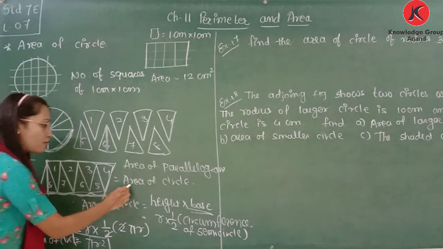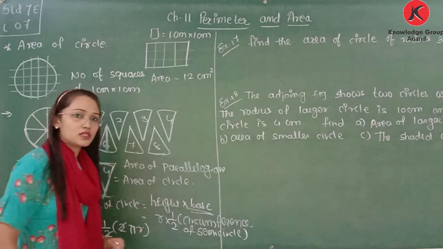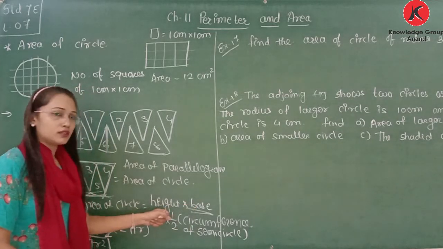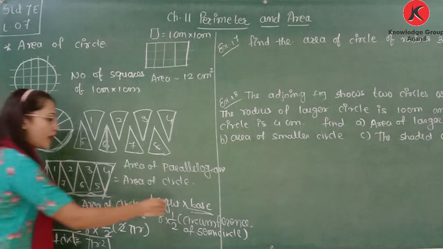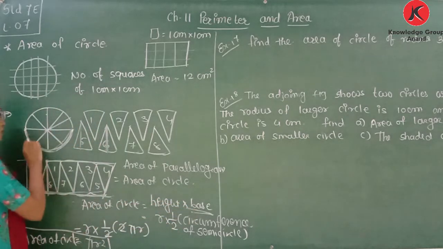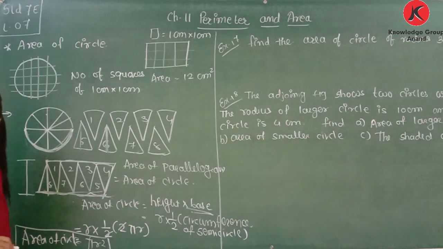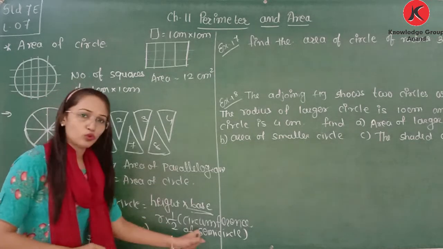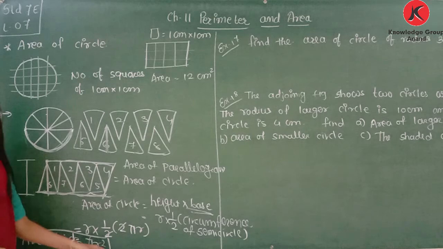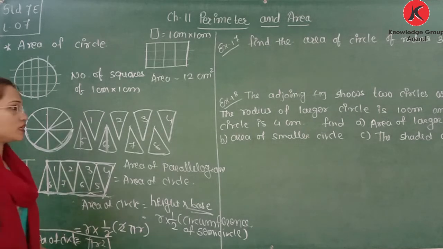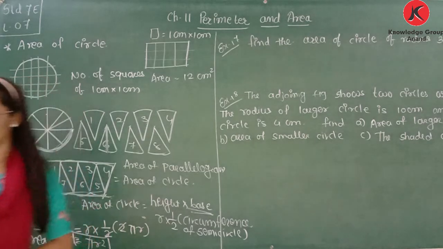That's why the area of a circle is also height into base. Now height is what? That is the vertical distance, that is nothing but the radius for a circle, and base is the circumference of semicircle. So that is 1 by 2 pi. To cancel, we have 2 times r, so we can write pi r square. So the area of a circle is pi r square.